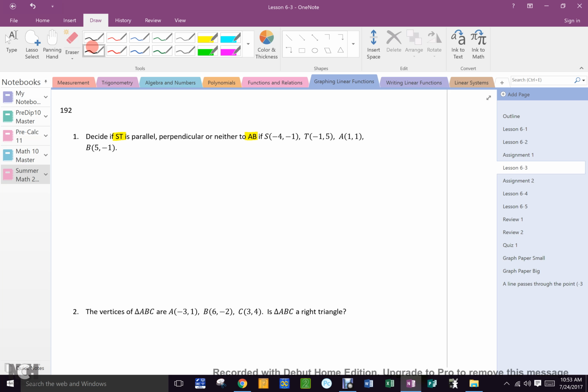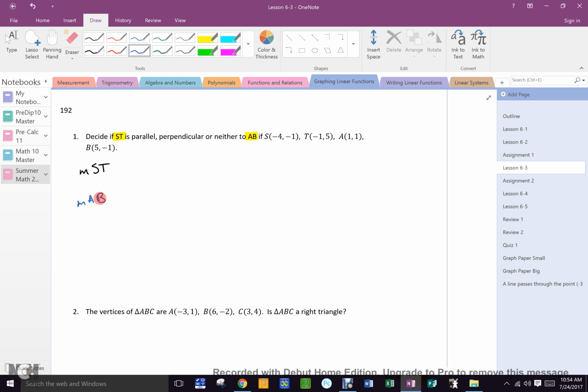Slope. So I have to check the slope, the m of ST, and the m of AB. If they're parallel, what will I find? That they're equal. If they're perpendicular, what will I find? Opposite flipped fractions. If they're neither, what will I find?